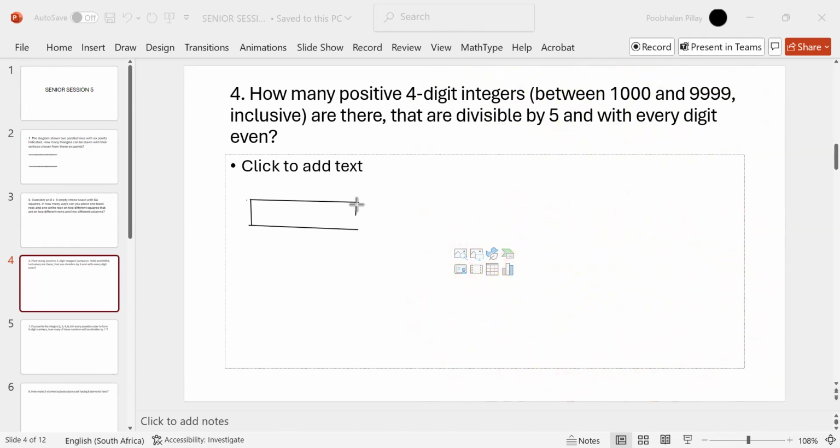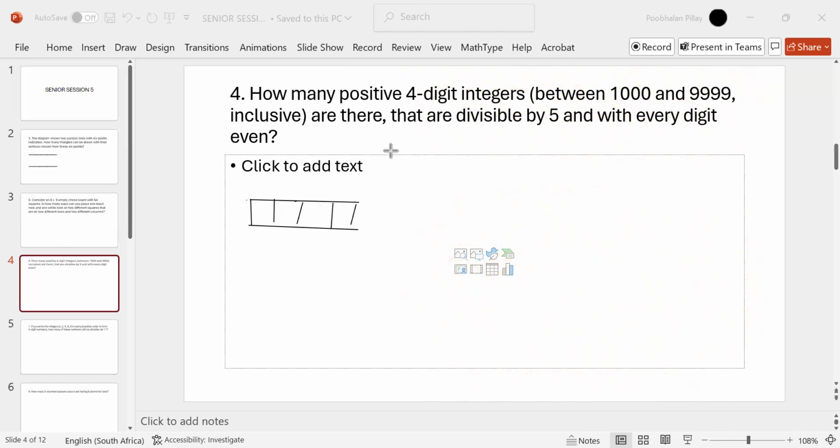Draw a box, and I need to fill in these 4 spaces here. Sorry, this is looking very bad. So you have to fill in those 4 spaces. And the question is now, how many ways can you create a 4-digit number?